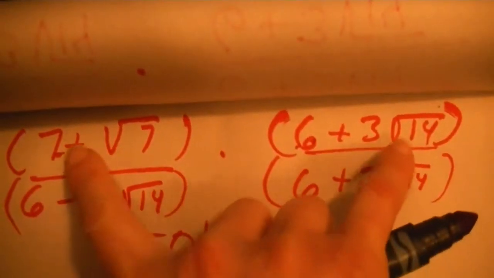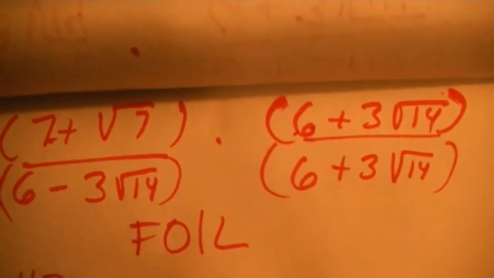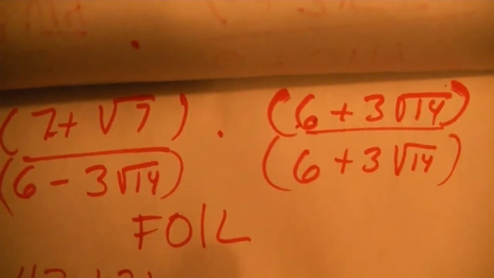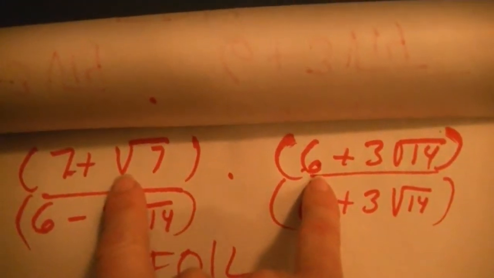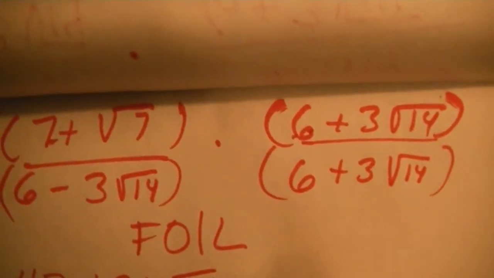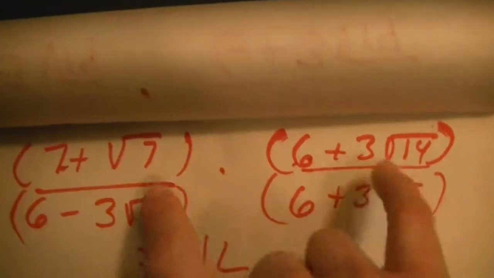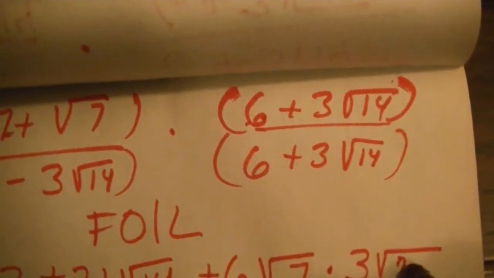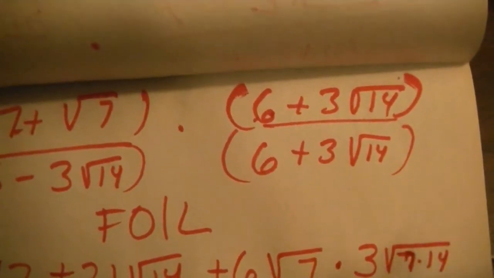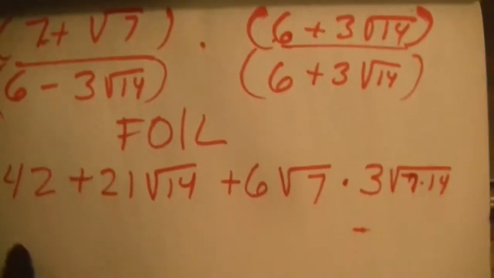Outer terms, 7 times 3 is 21, square root of 14. The inner terms, 6 times 7, so that's just 6 square root of 7. And then the last terms, 3 times 7, square root 7 times 14. I'm going to leave it as 7 times 14 for now.